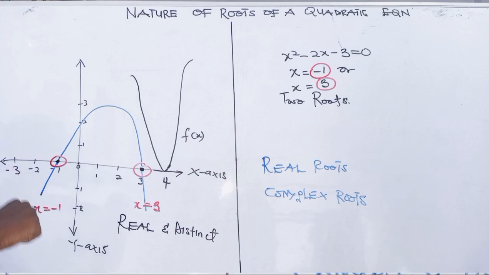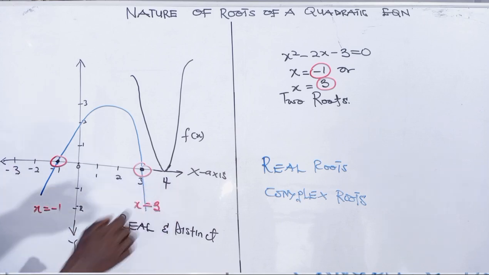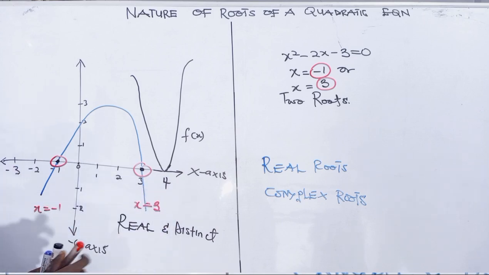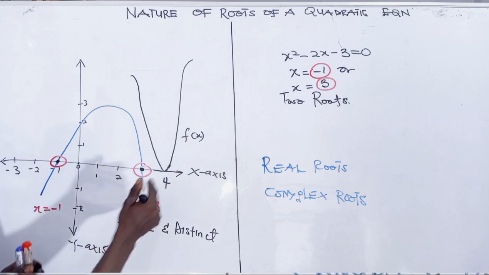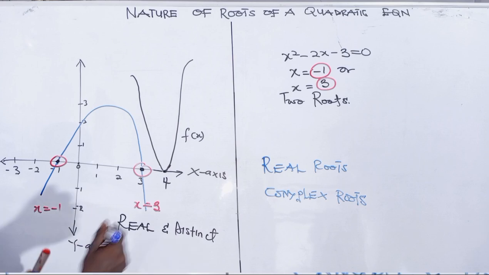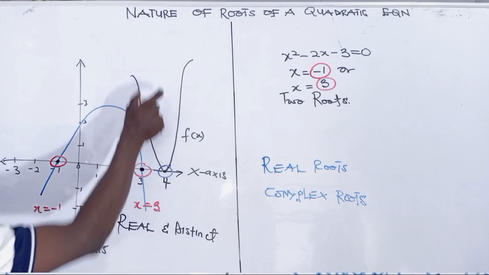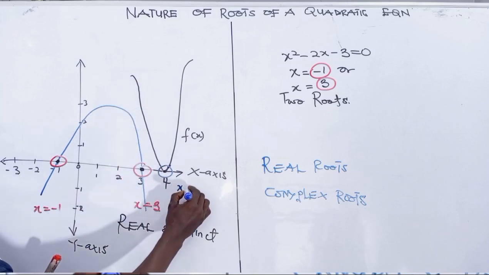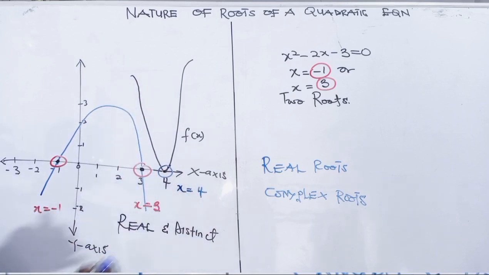And the point of its intersection with the x-axis is at point 4. Therefore, point 4 becomes what? The root of the quadratic equation. So the root of this quadratic equation is at x is equal to 4.